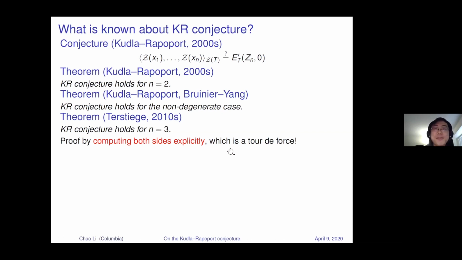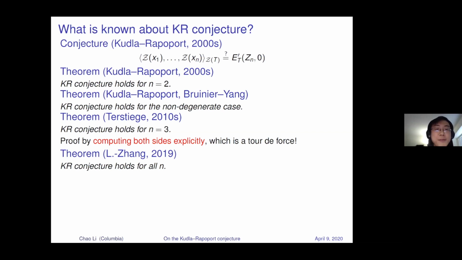It's really a tour de force, pages of involved computation. You can try to use various tricks Terstiege used to compute these degenerate intersections in the next case, n equals 4. But if you trust me, the computational complexity is just growing exponentially. It's very, very difficult to actually compute all the cases for n equals 4.